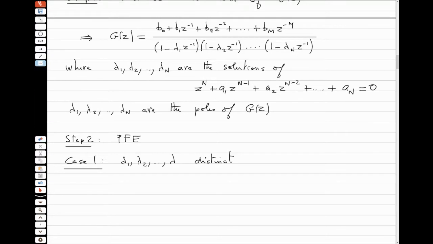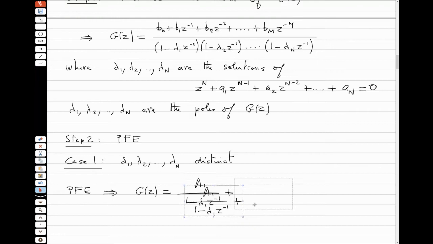So the partial fraction expansion implies that G of Z can be put in the form of a small sum of fractions of degree 1.